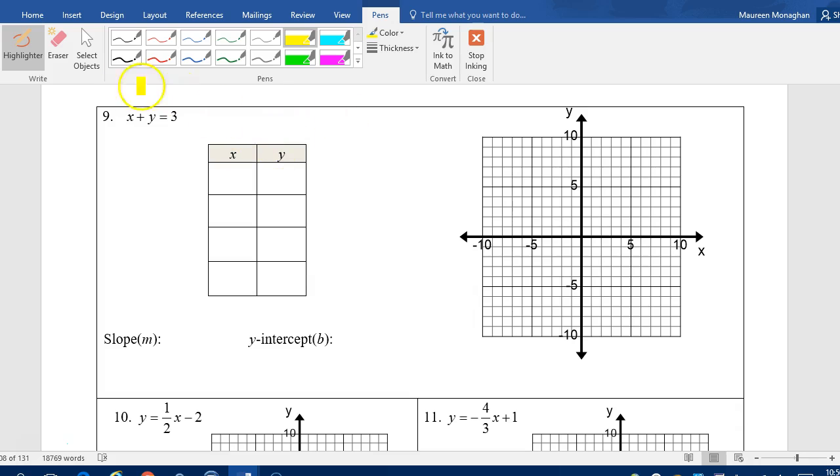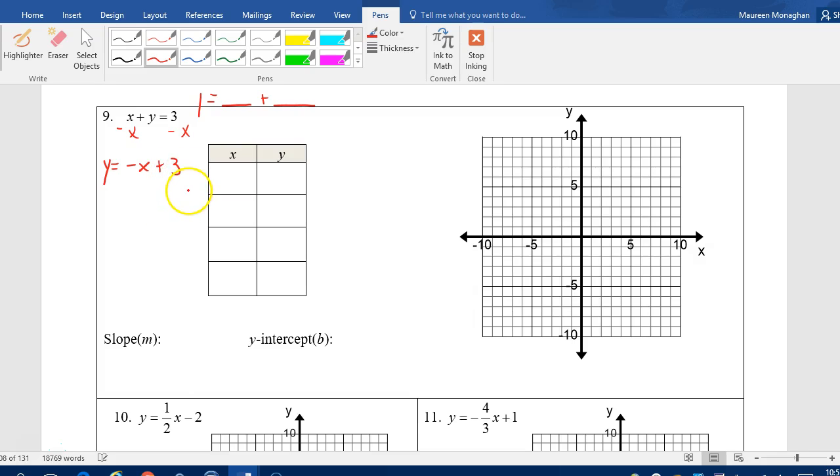9, let me help you with this one because this is a little bit different. We have to rearrange this. So we need the equation to look like y equals something plus something. So notice here's the y. So really we need to get rid of this x from both sides. Watch what happens. We're going to have -x plus 3.